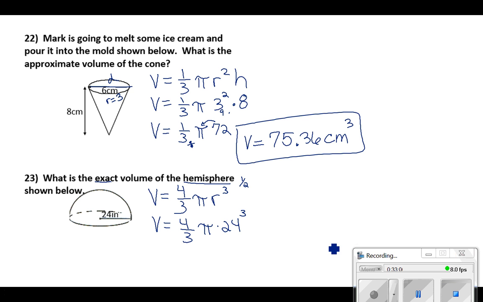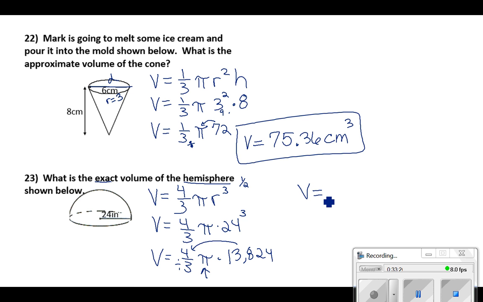When we cube 24, we're going to bring everything else down, and we're going to have 13,824. Because we're looking for the exact, we want to keep the pi in our answer. So we're going to multiply by 4 and divide by 3 to get our final answer.